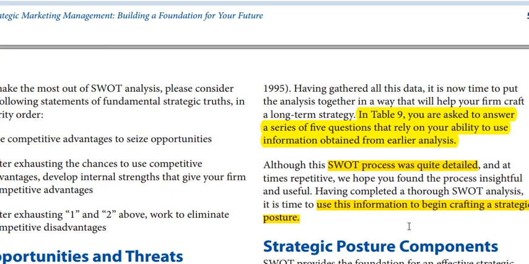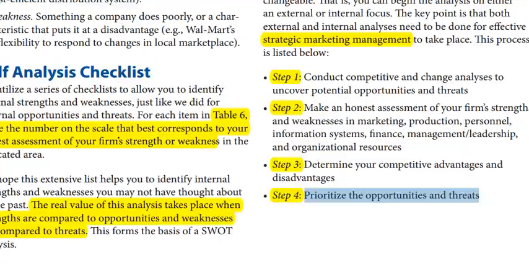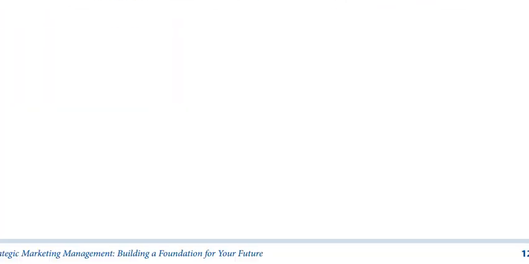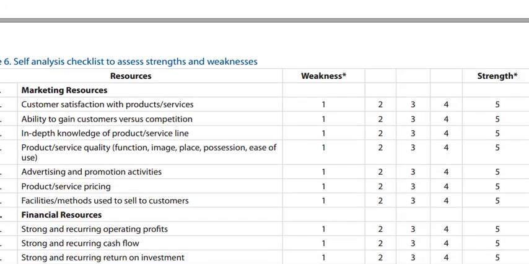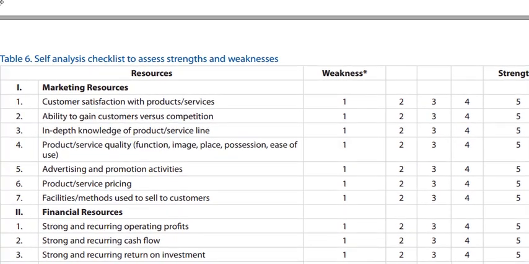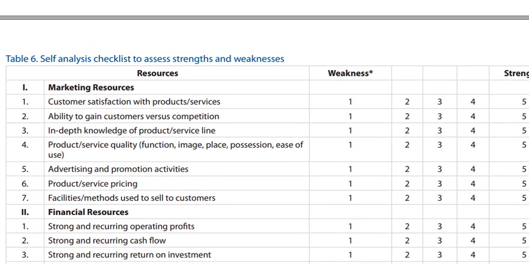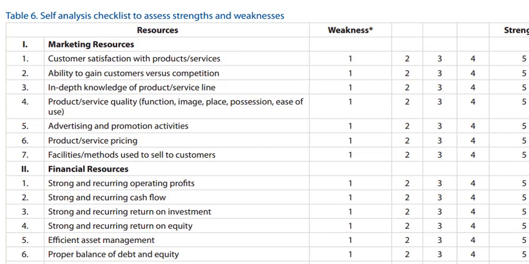So let's go and try to fill table number 6 for SWOT analysis. So by looking at table number 6, we can see that it's about the resources and whether they are the weakness or strength.